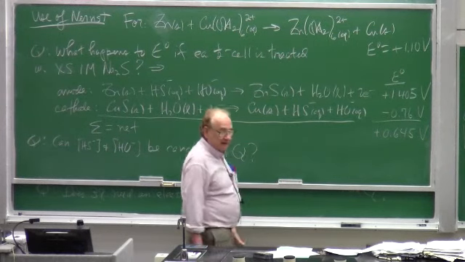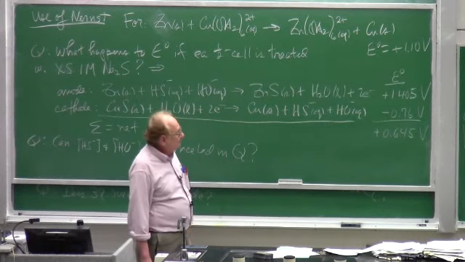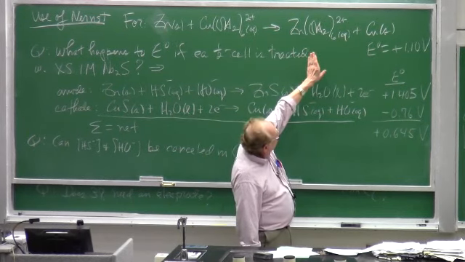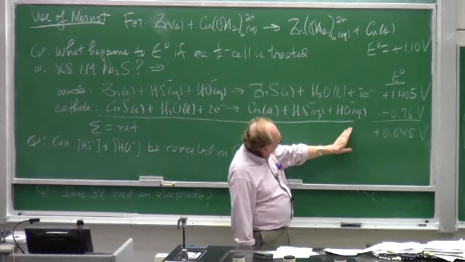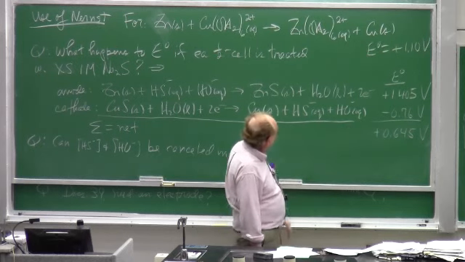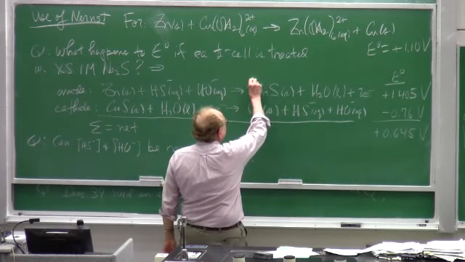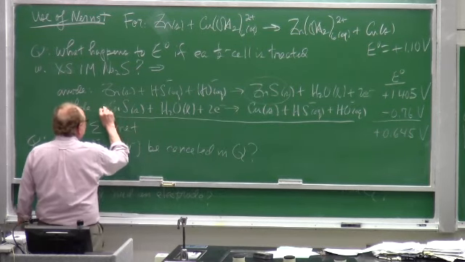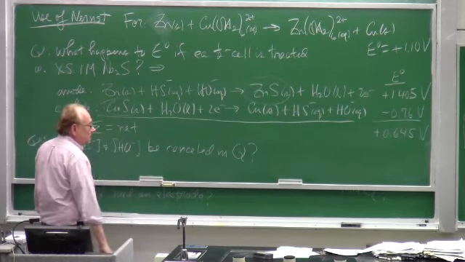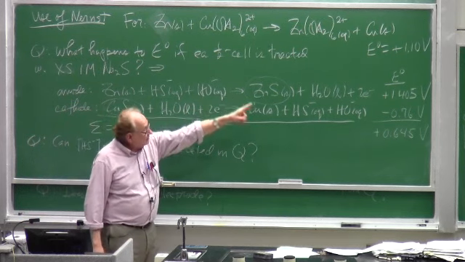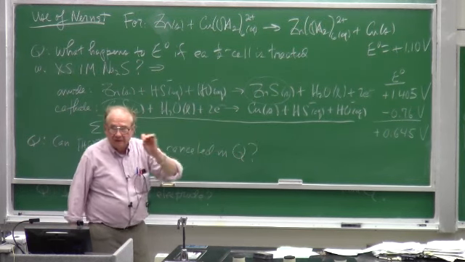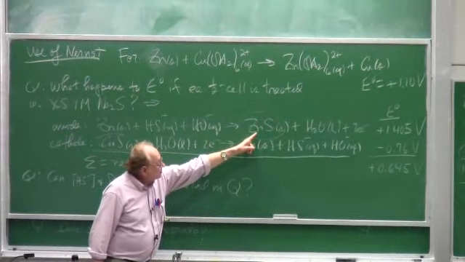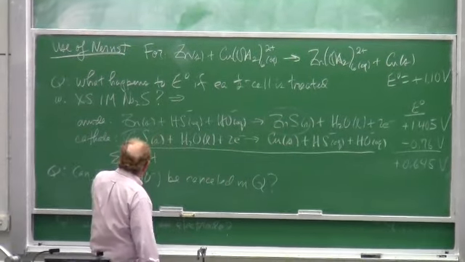Here it's the sulfides of the metal that are involved. Tell me, from this information and this information, by comparison, see this stuff? And this stuff? What would you respond to my question, how's the stability of this compared to the stability of this?